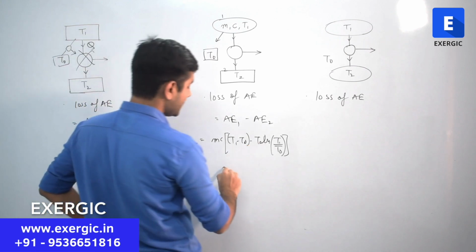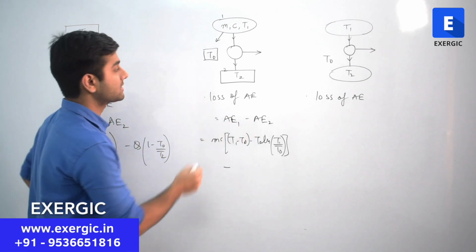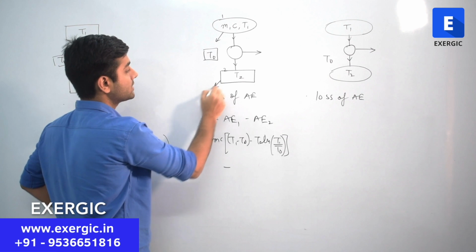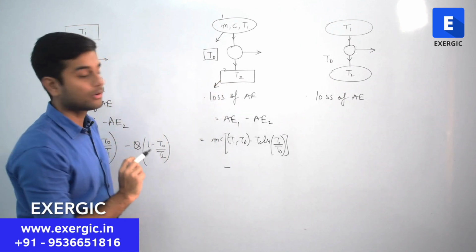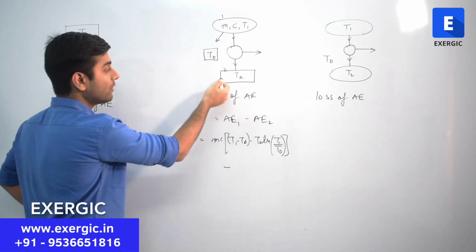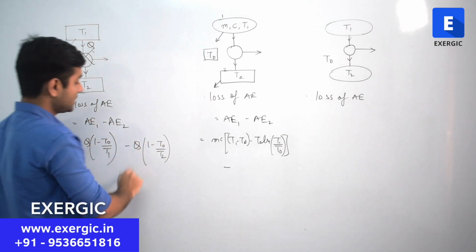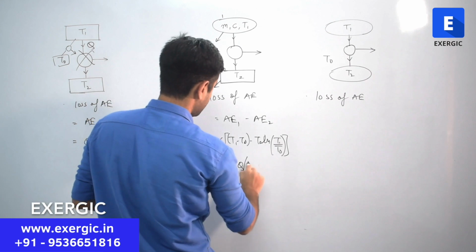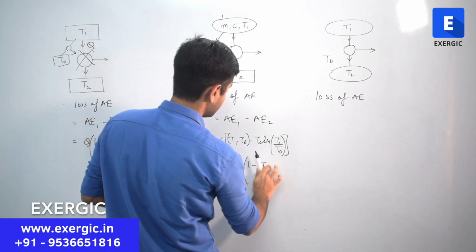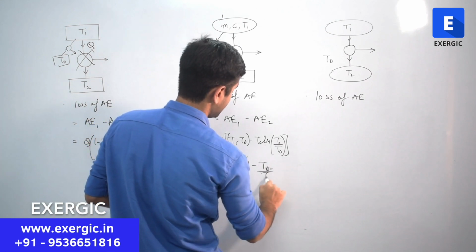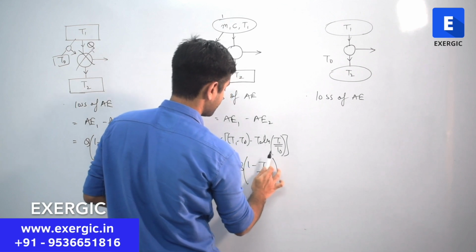Minus AE2, how much work you can extract if this heat is released from T2 to T0. It's a reservoir again, from one reservoir to another, the same case as this one. So this is the value of work that you can extract from that, with T0 by T2, correct?